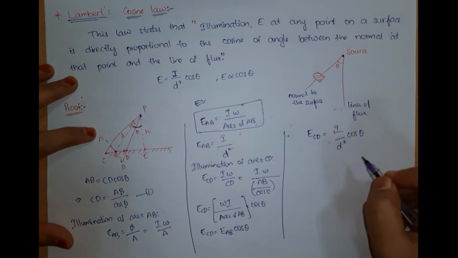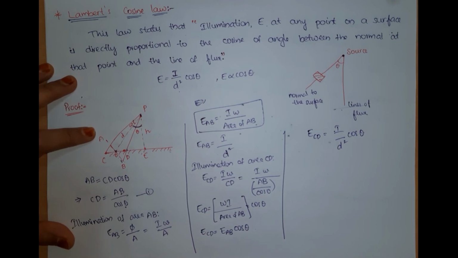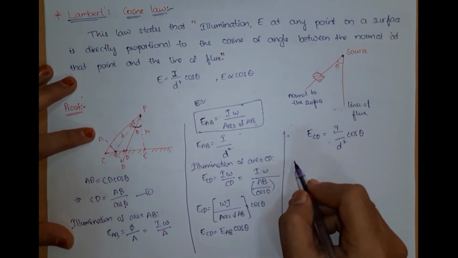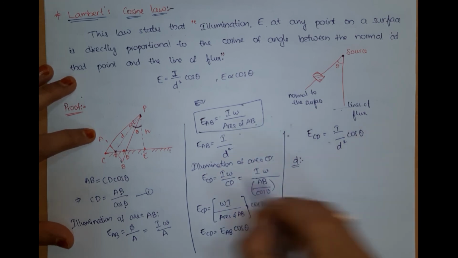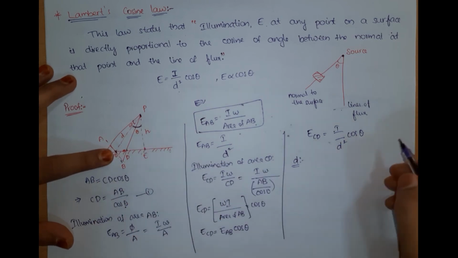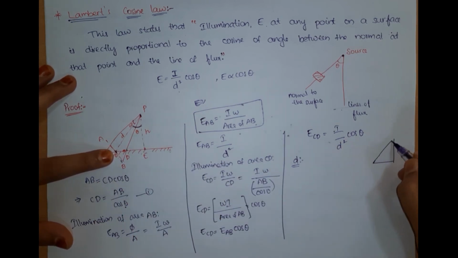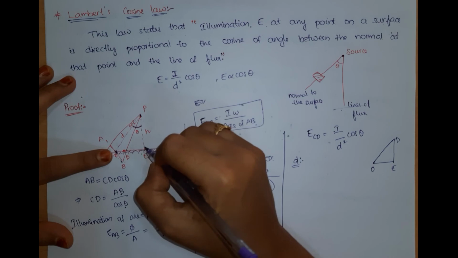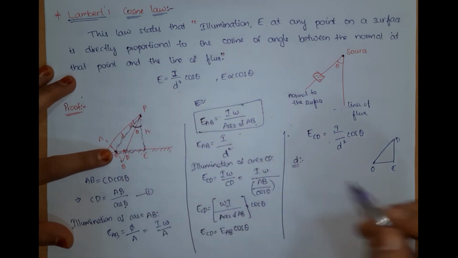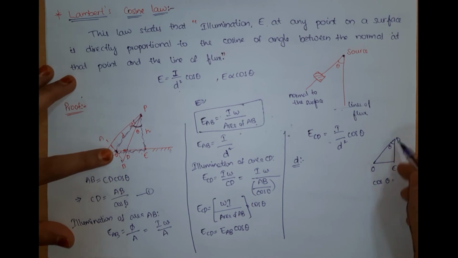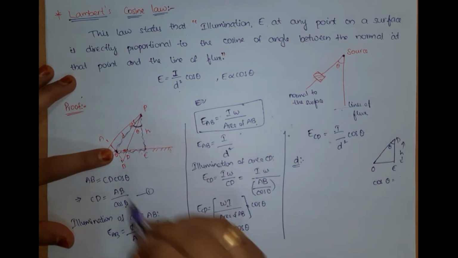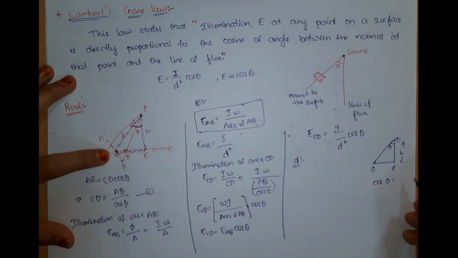Hope you understood. Now next, similarly, I need to calculate D, the distance. Now let me consider triangle OEP. From this triangle, if you see, this is theta. Cos theta will be this one, H, and this one is OE.